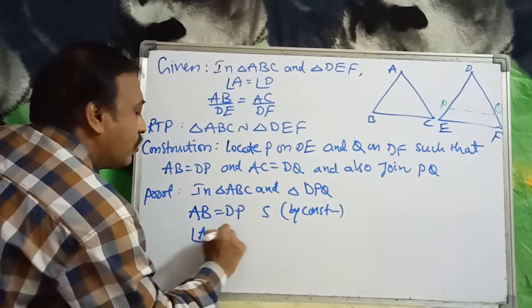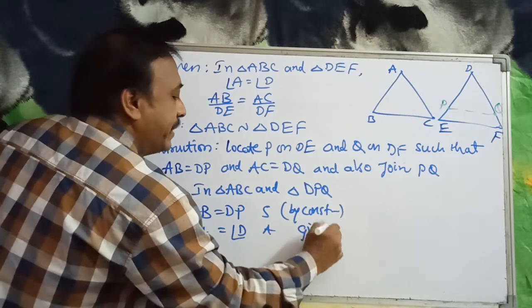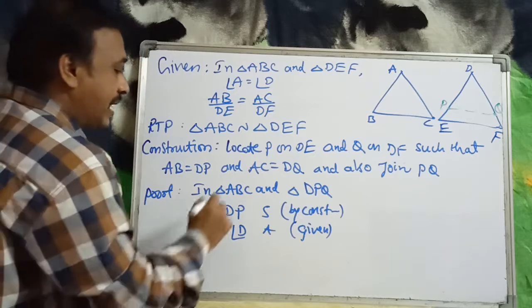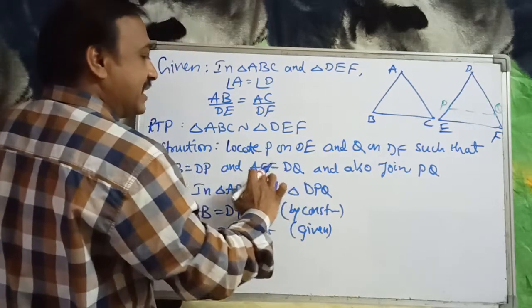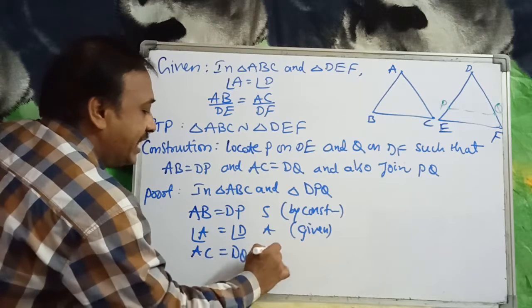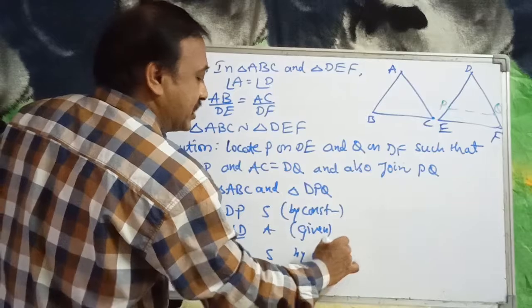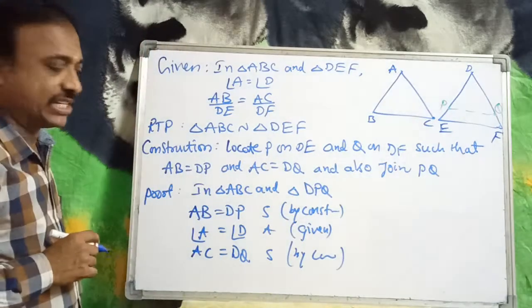Angle A is equal to angle D, given in the statement. And AC is equal to DQ, side by construction.